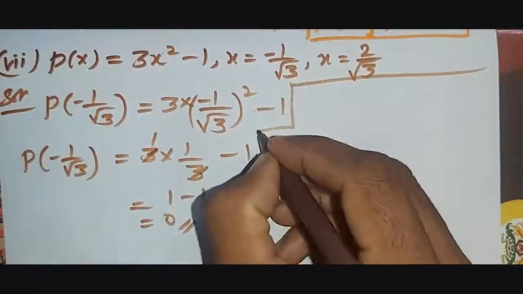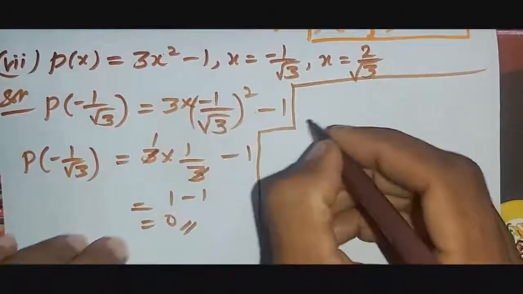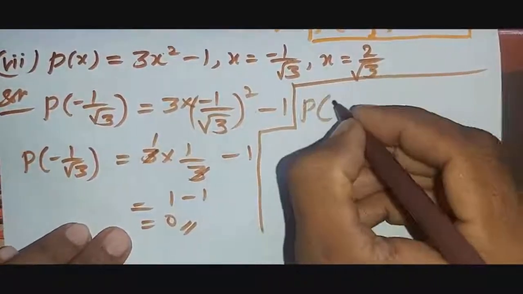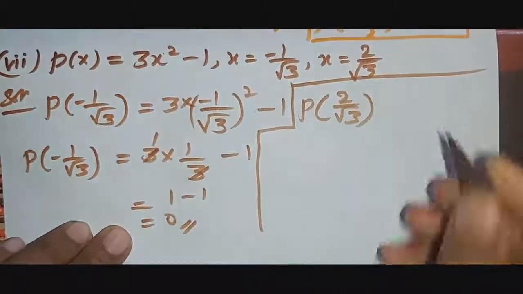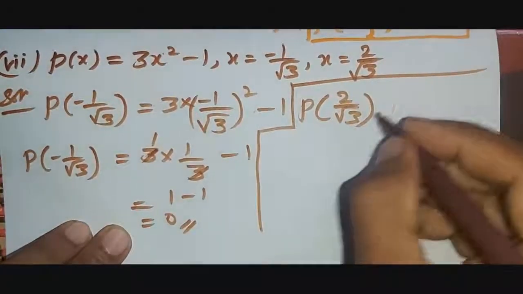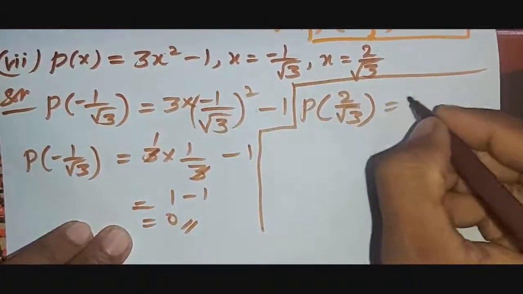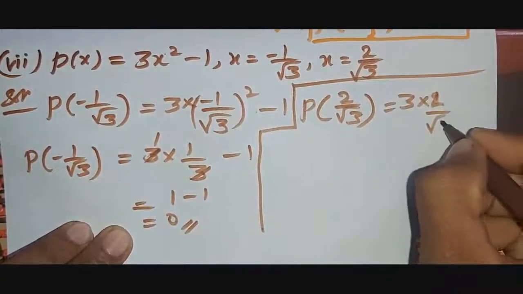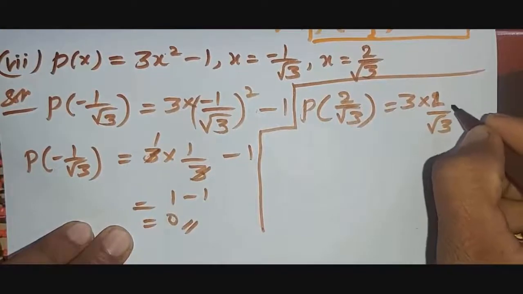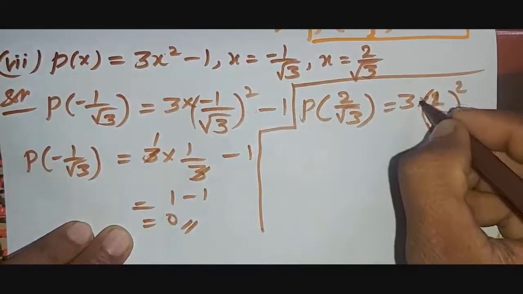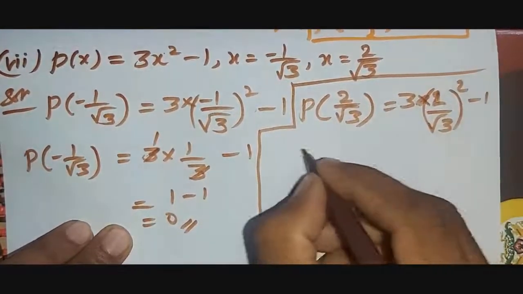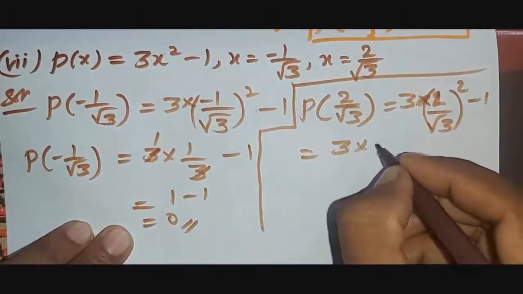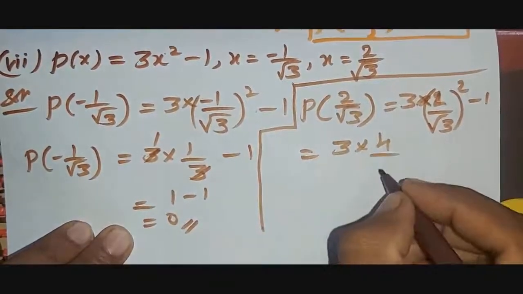Okay, next P of 2 by root 3 is equal to 3 into 2 by root 3 whole square minus 1. 3 into 2 square is 4 divided by root 3 square.